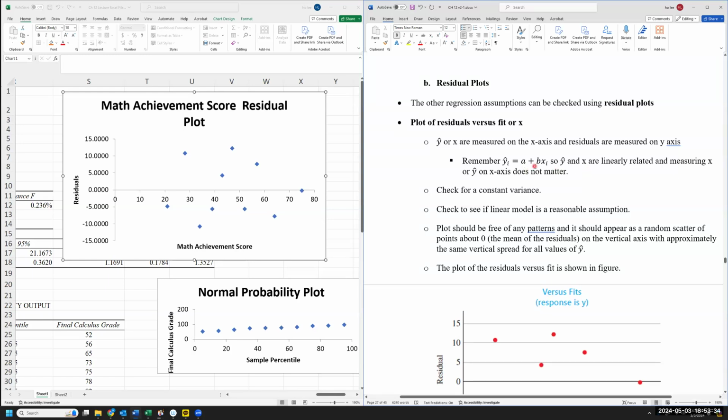All you're doing is multiplying by a constant and adding a constant, so you're only changing the placement and scaling, but the shape of the plot will be fairly similar.